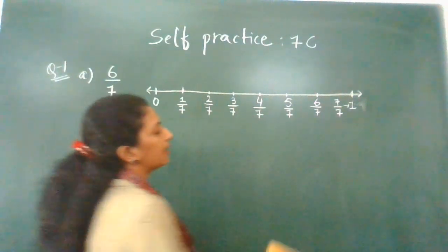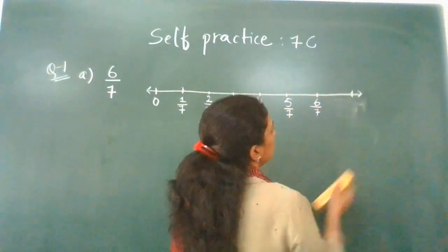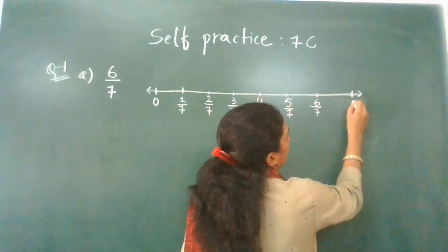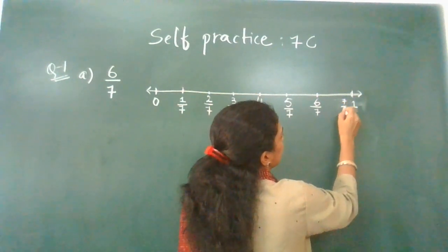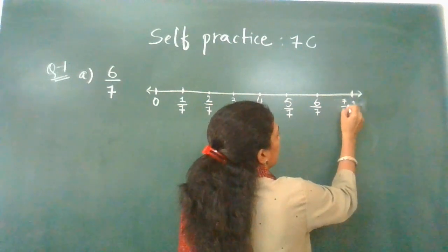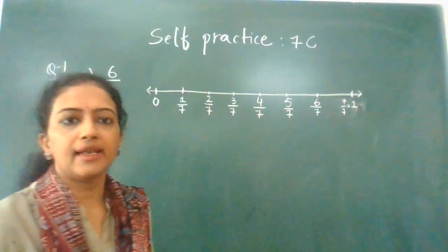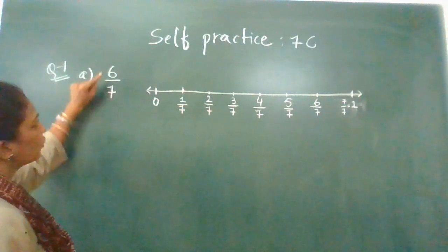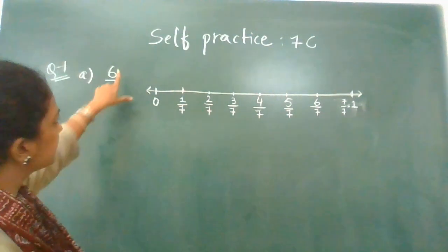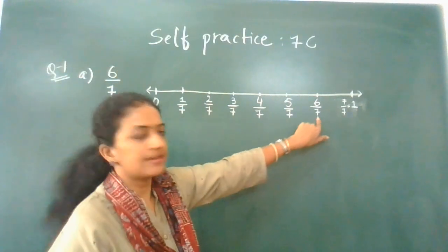So you can write like this: your 1 is already written over here, so you can write 7 upon 7 is equal to 1. Now I have to show this fraction on the number line. 6 upon 7 is this.